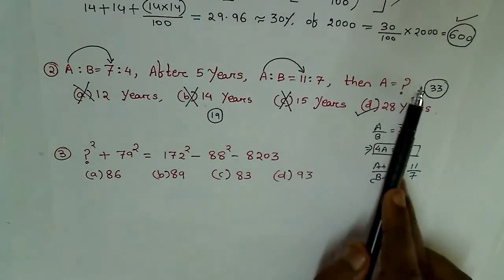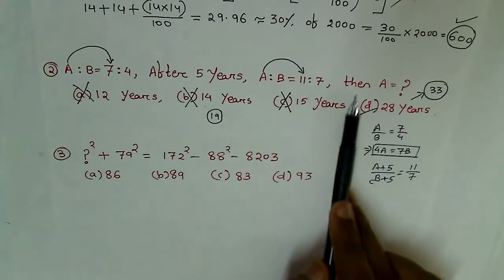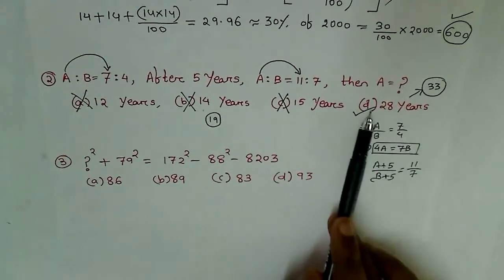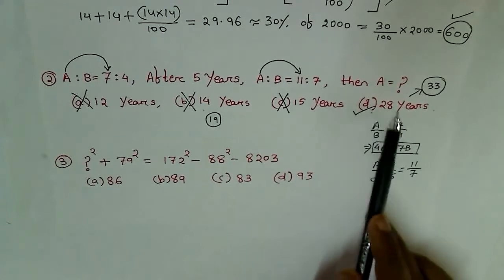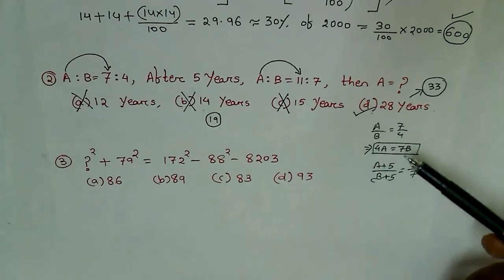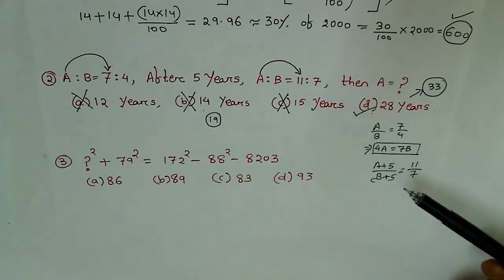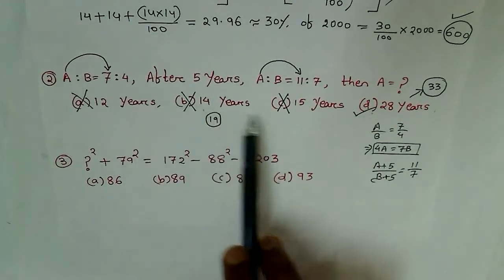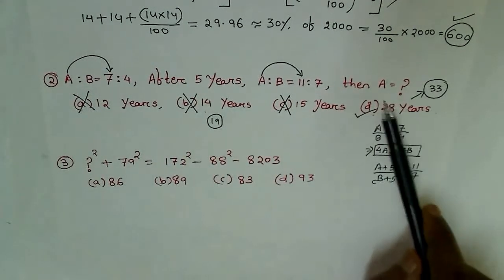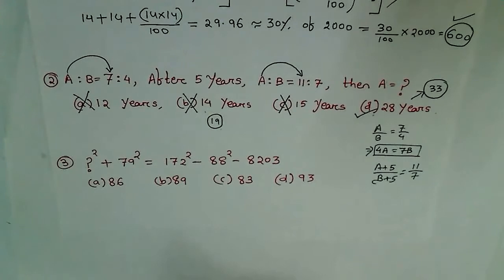Yes, 11 threes are 33. So that's why we have concluded that the right answer for this question is option D, that is 28 years. So you can see, without applying this equation or doing that much calculation, just by the option deletion method or some back calculation, we got the right answer for this question.